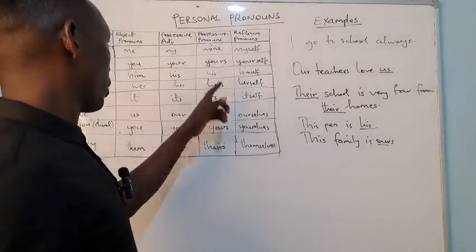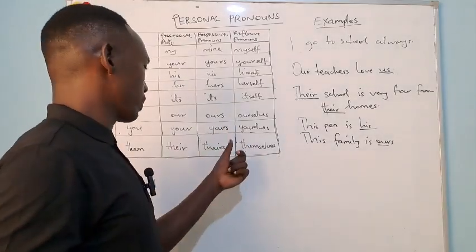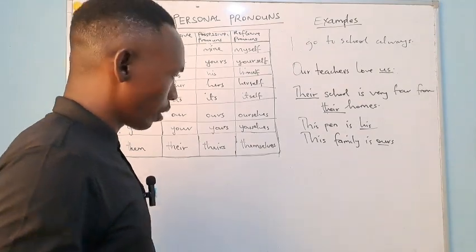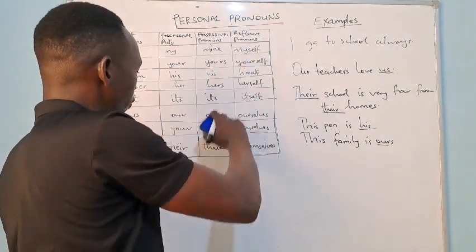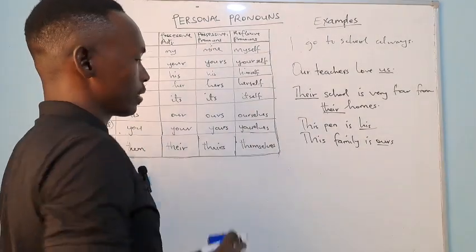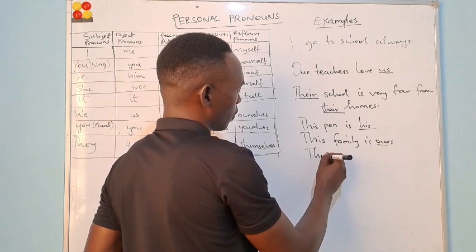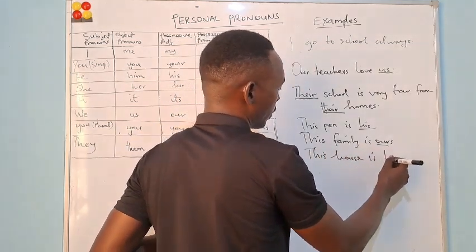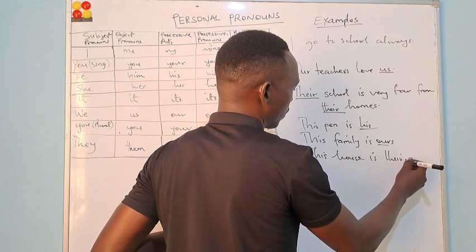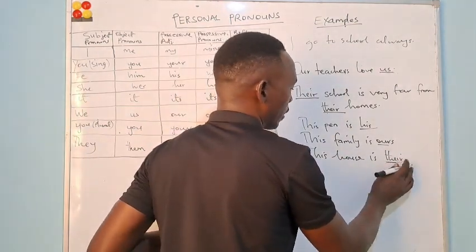Okay, so the possessive pronoun for you is yours. This house or this family is yours. The possessive form or the possessive pronoun for they is theirs. This house is theirs. This is a possessive pronoun for they. Theirs.